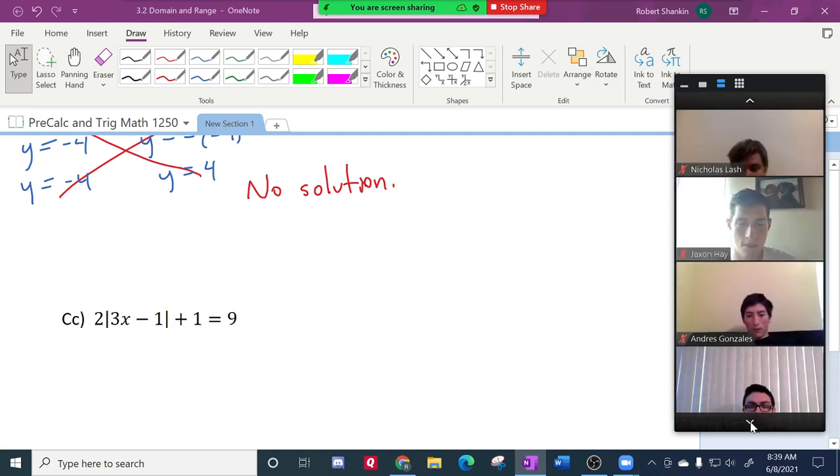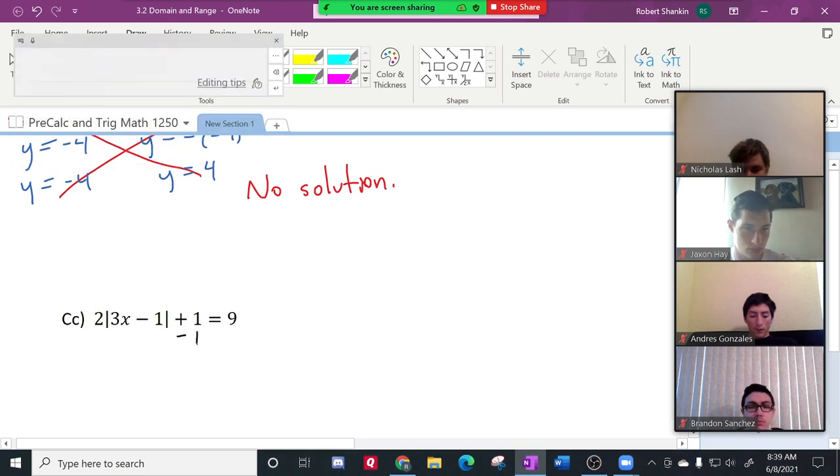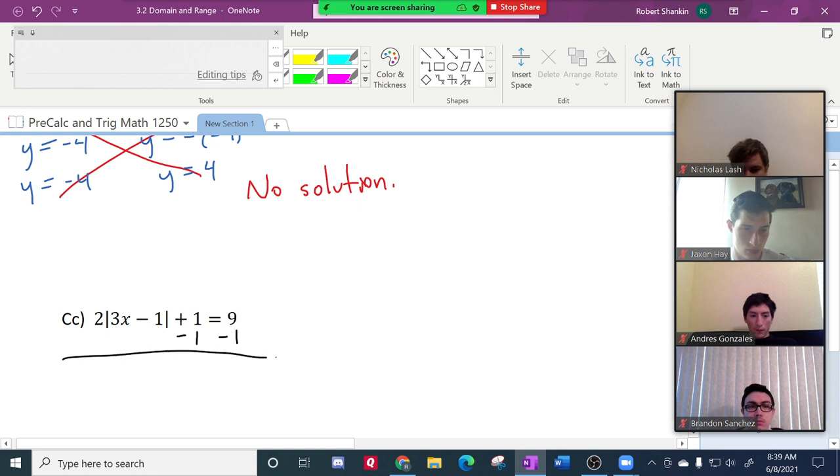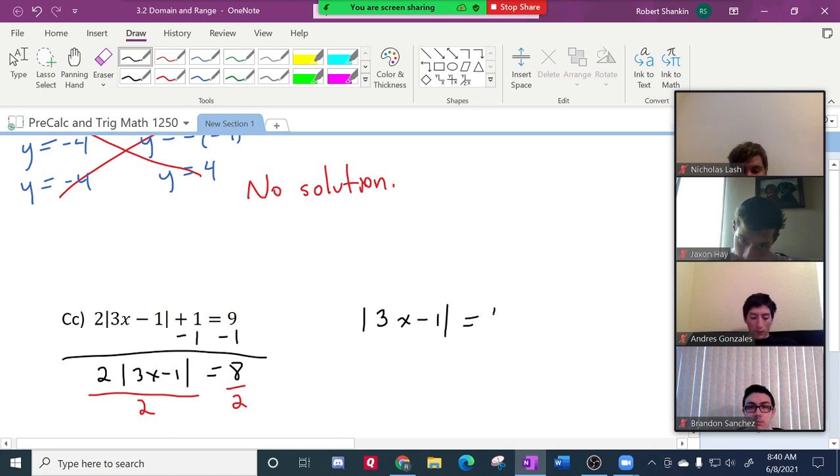Alright, let me start on this. So we'll subtract 1. The first step here is to isolate the absolute value. And then we divide by 2, and then that gets this absolute value expression isolated.